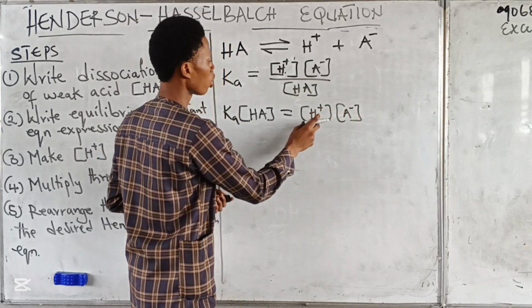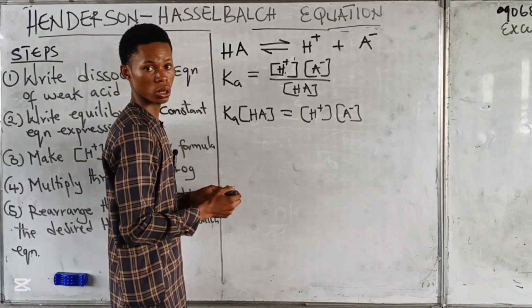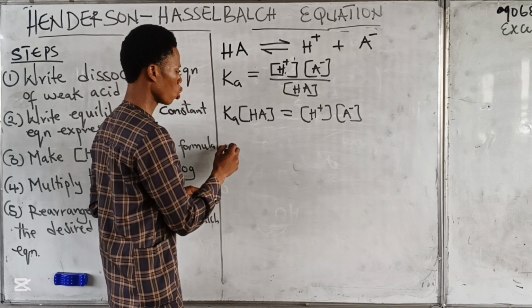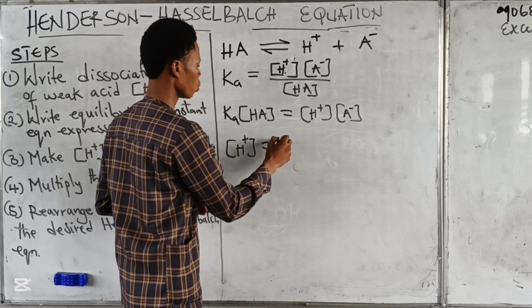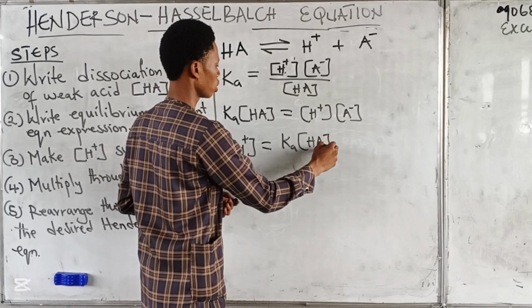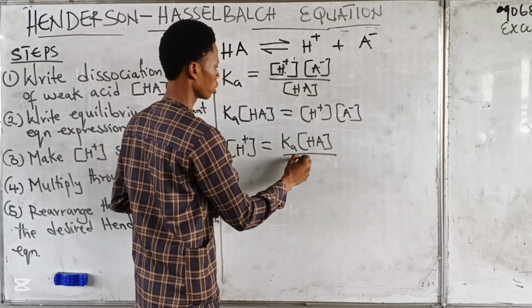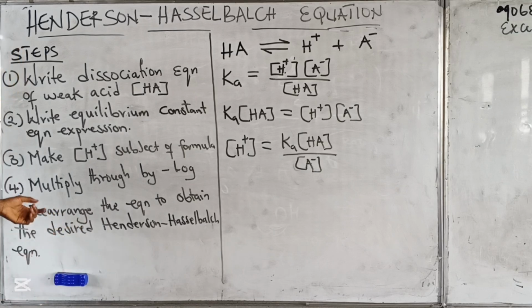But what we want is H+, so I divide both sides by A minus. So I'll have H+ equal to Ka times HA all over A minus.